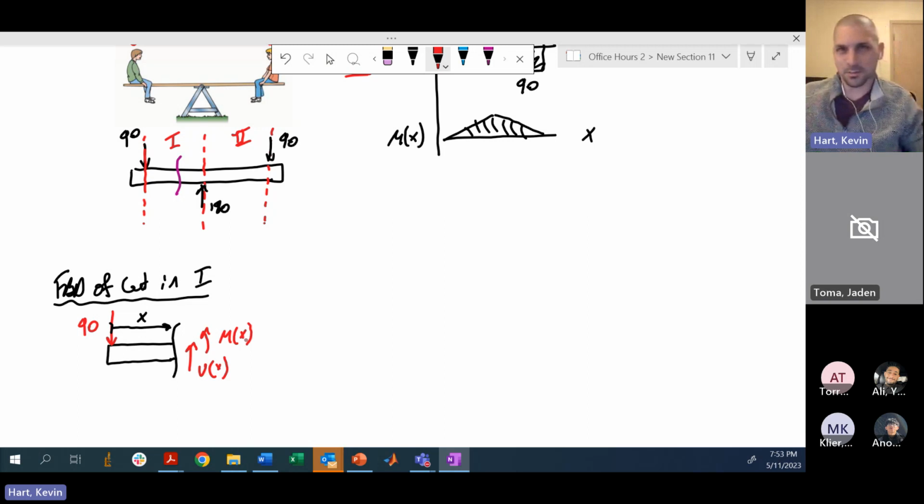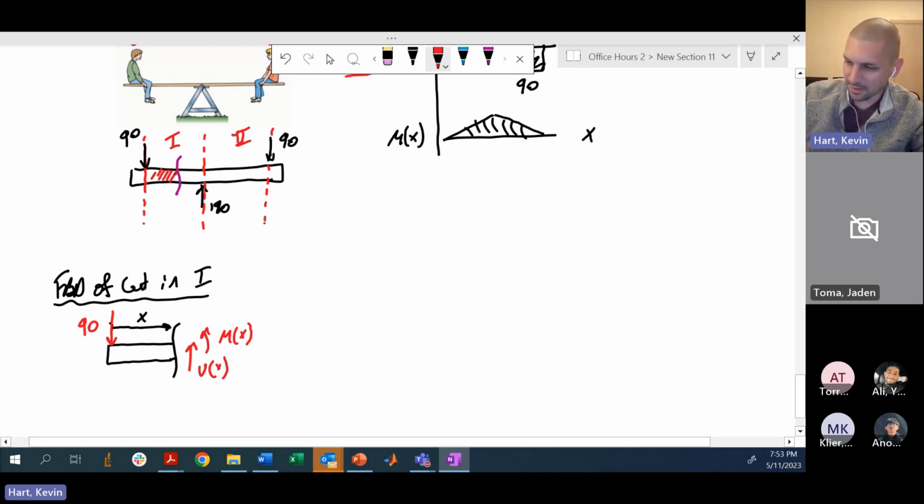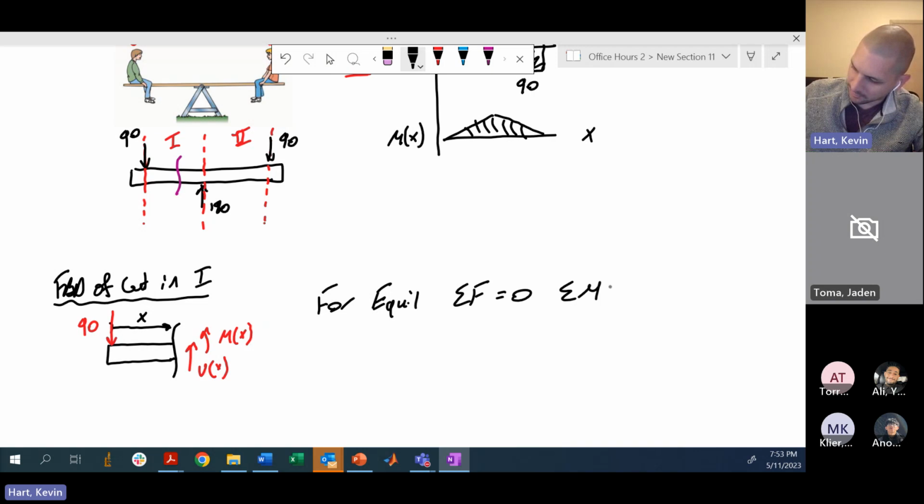Anywhere that you have one object fixed into another, you have reactions between those two points. In this case, we have this side of the bar fixed into this side of the bar. So inside of that beam, we have these reaction forces and moments that keep everything together. And in order for equilibrium to hold, we must have the sum of the forces equal 0 and the sum of the moments equal 0.